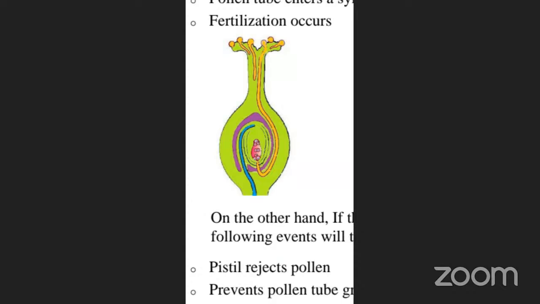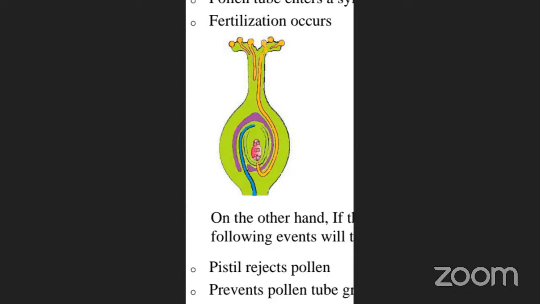This results in the formation of a triploid, the primary endosperm nucleus.